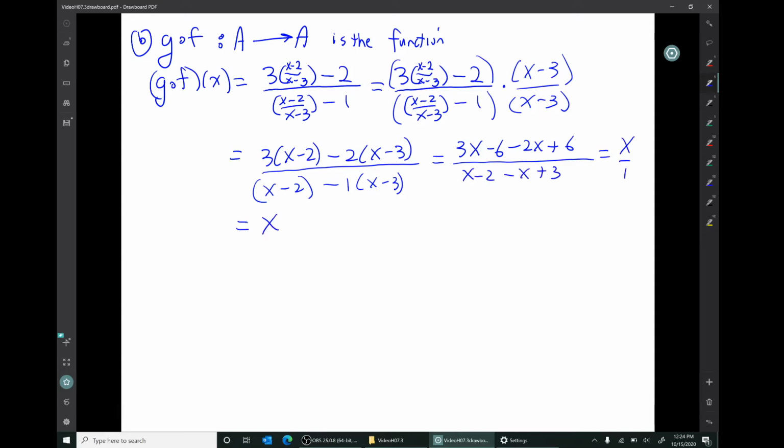So we see that g circle f of x is just x. So that tells us that g circle f is the identity function on the set A.